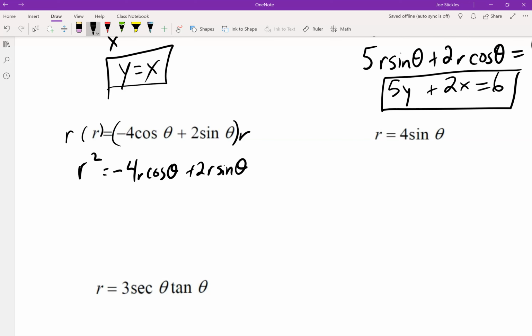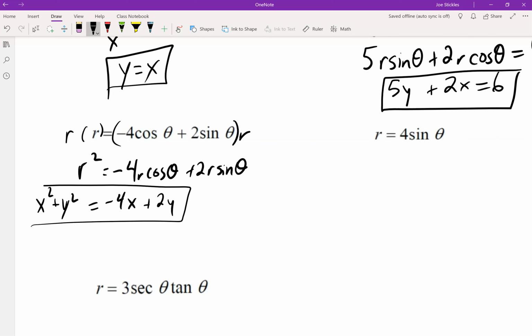And now we're ready to plug in things. R squared is x squared plus y squared. R cosine theta is x. And r sine theta is y. So we get x squared plus y squared equals negative 4x plus 2y.